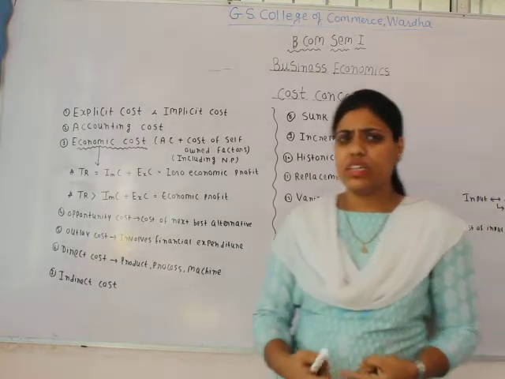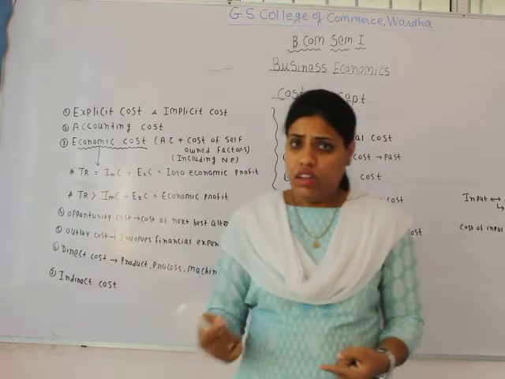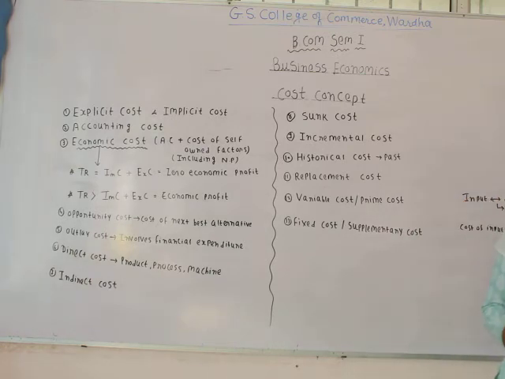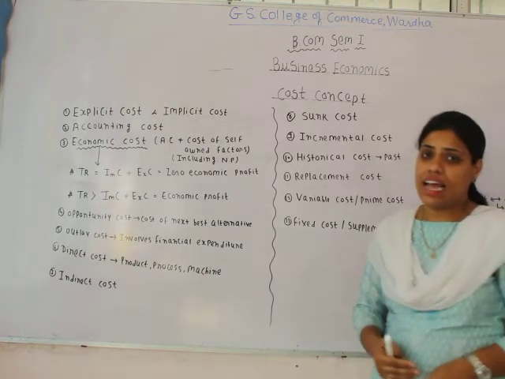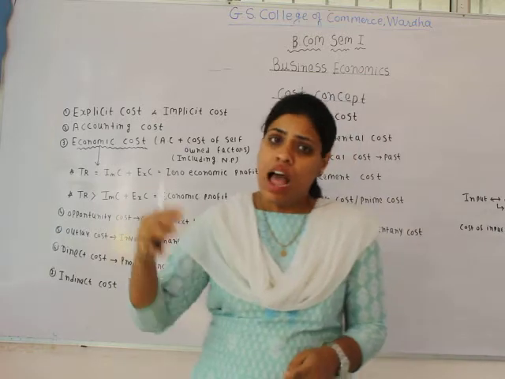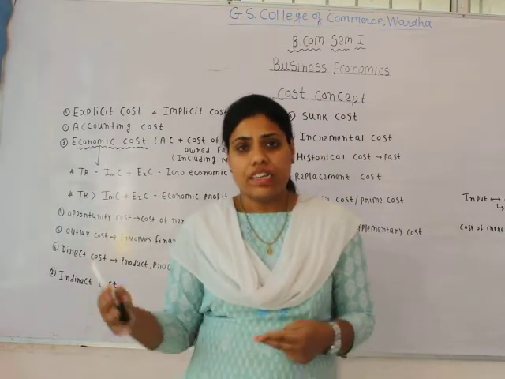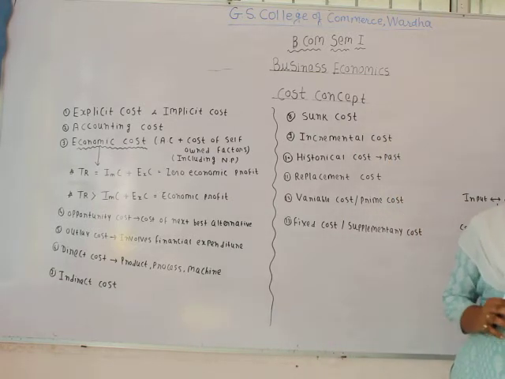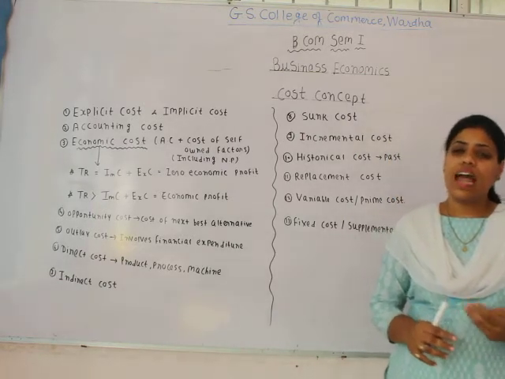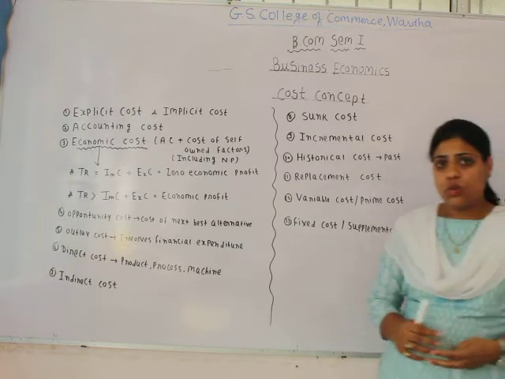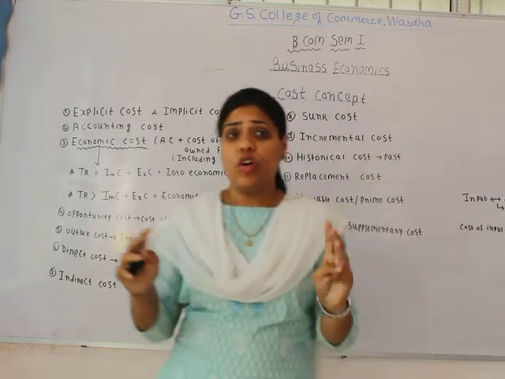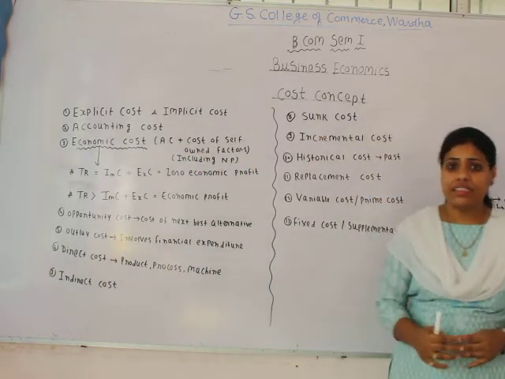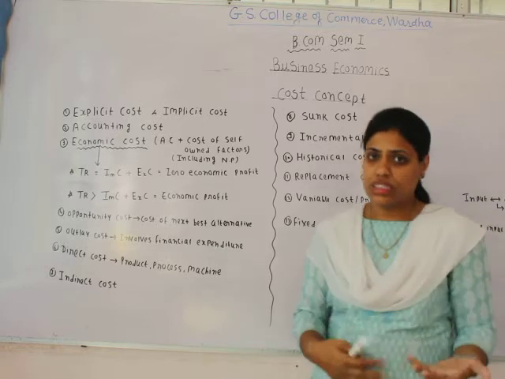Like I have given you the example of a room. I am using my own room, so I don't have to pay rent for it. But if I didn't have that and had rented some room outside, I would have to incur that cost. In the same way, assume you have capital. If you did not have capital and had borrowed it from outside, you would have to pay interest on that capital.